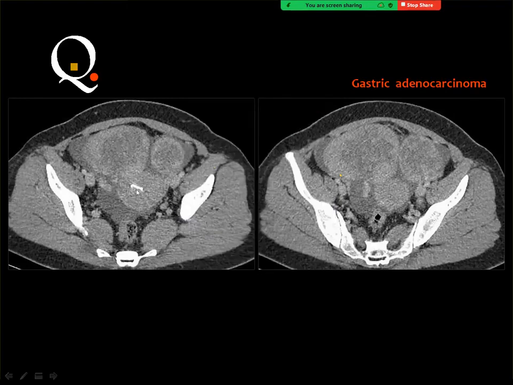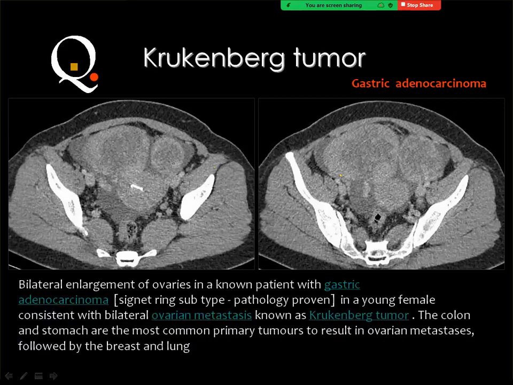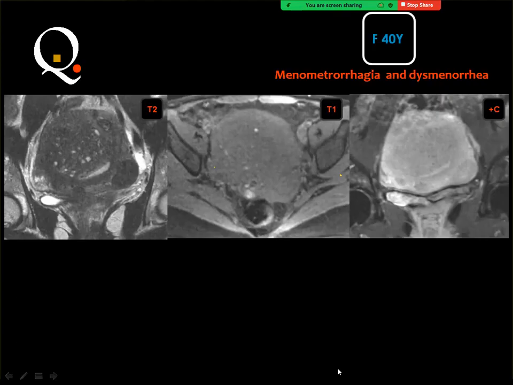This is the uterus with a contraceptive device, and these are the two ovarian masses with ascites. In the presence of gastric carcinoma, you think that these are metastatic tumors to the ovary, which are known as Krukenberg tumors. Next case is a female patient, 40 years old, with menorrhagia and dysmenorrhea.